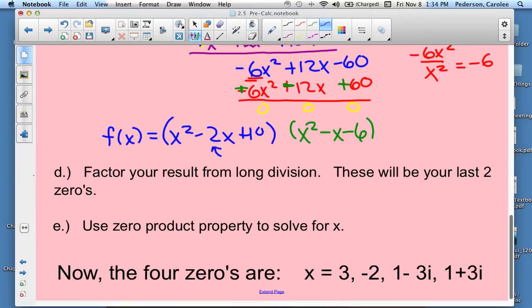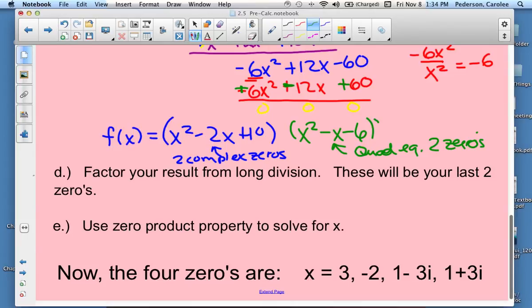This quadratic equation is where your two complex zeros occurred when you FOIL them out. And then we still have a quadratic equation left that has two more zeros. So we're almost done. We want to factor that result, and these will be our last two.